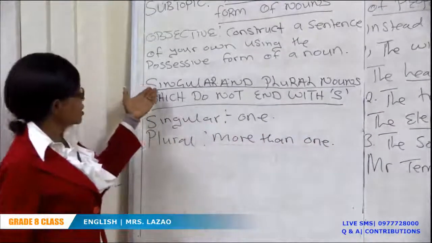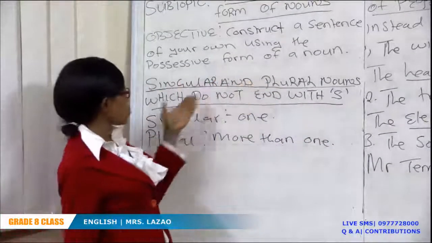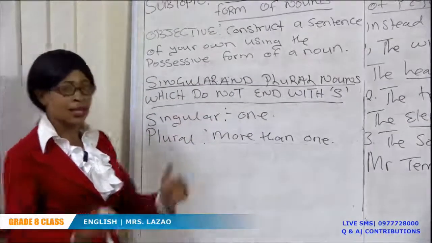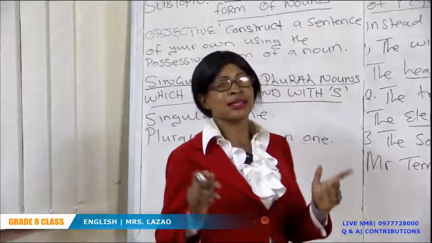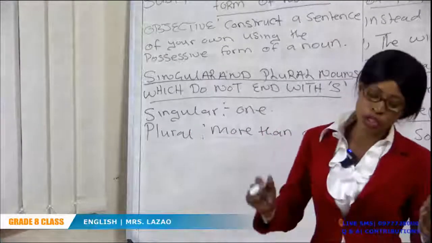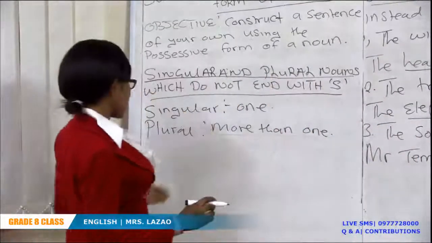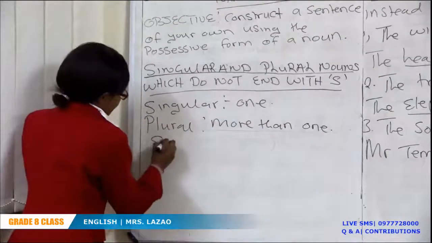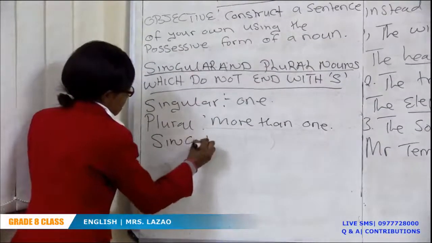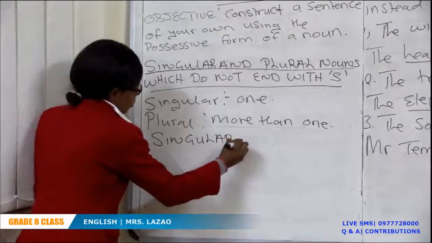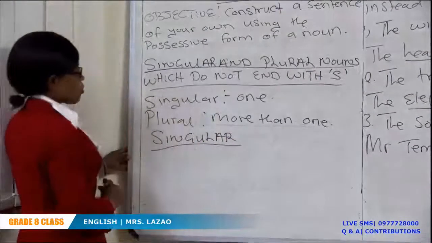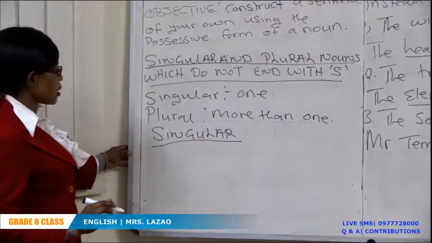So, what are these singular and plural nouns which do not end with S? Let's start with singular. We'll give examples of singular nouns.